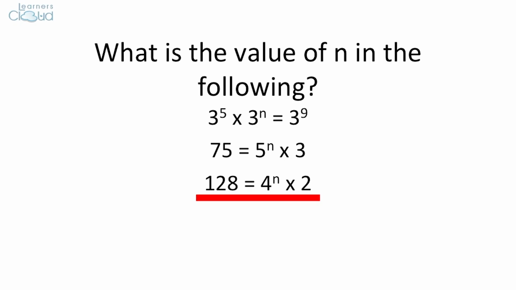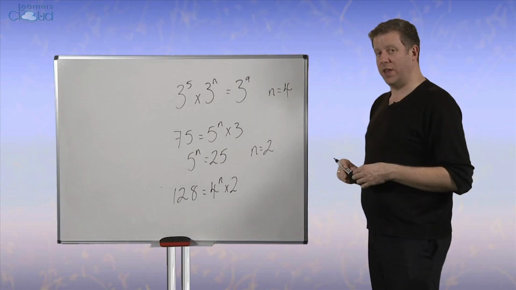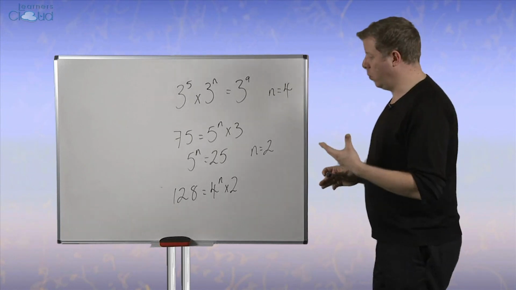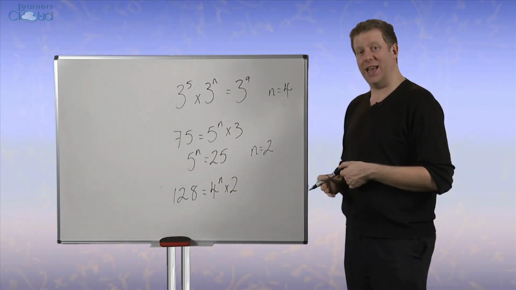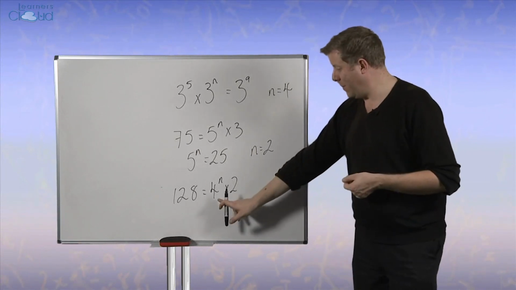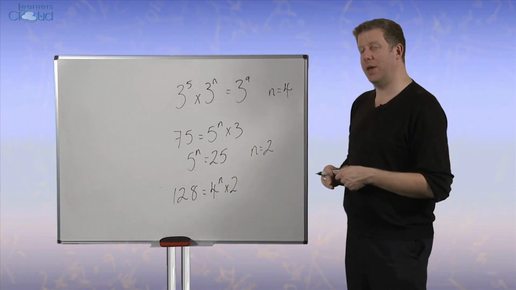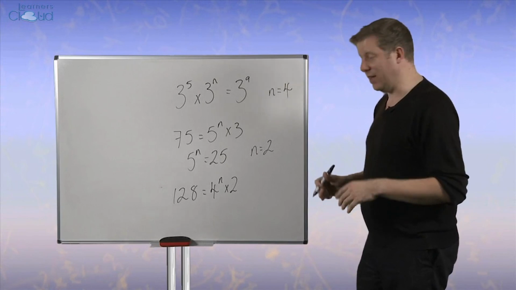One more example to look at. 128 equals 4 to the power of n multiplied by 2. So the same sort of thing as before. Let's first of all work out what this quantity is worth, what our 4 to the power of n is worth. Well, if you think about it, what number multiplied by 2 gives me 128? 64.